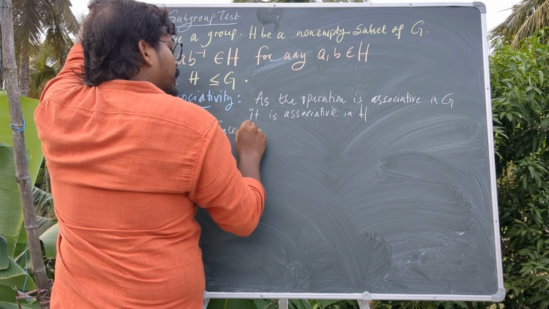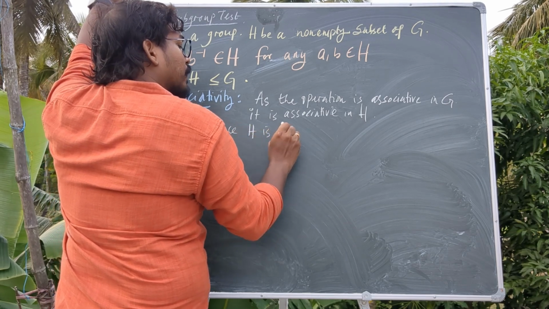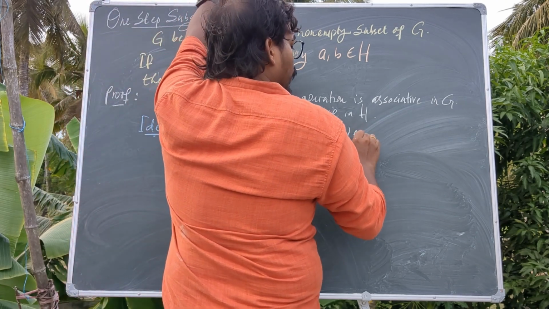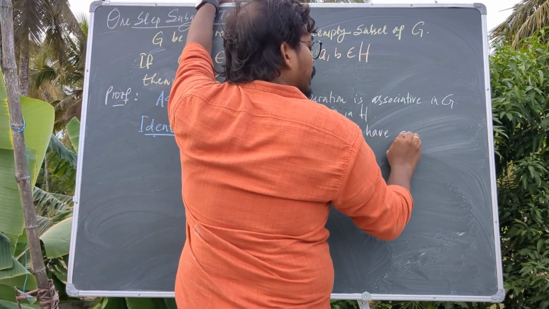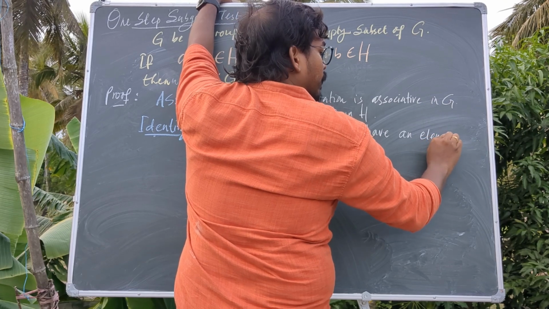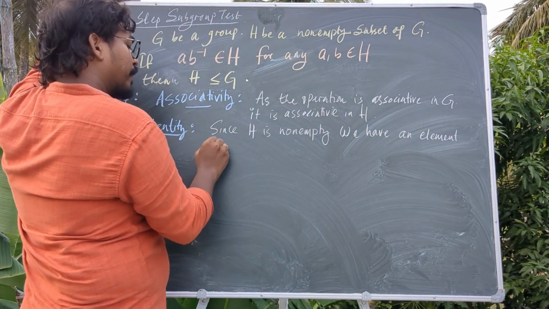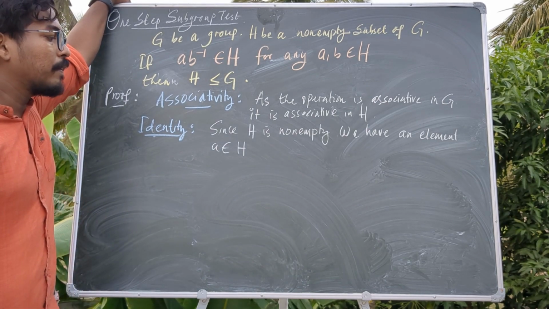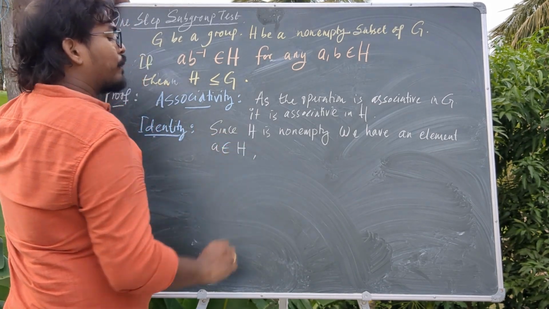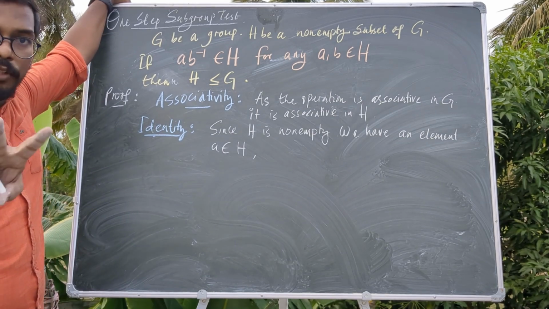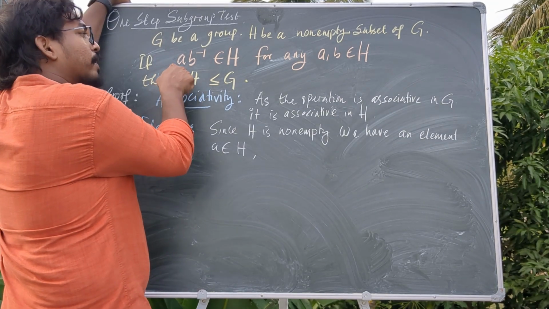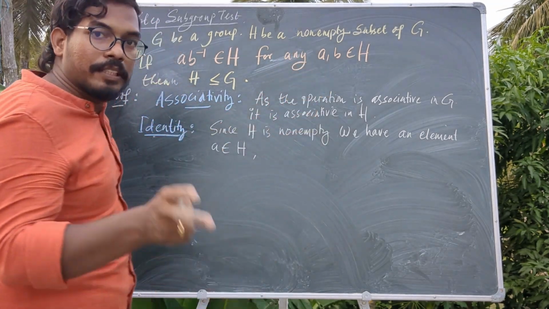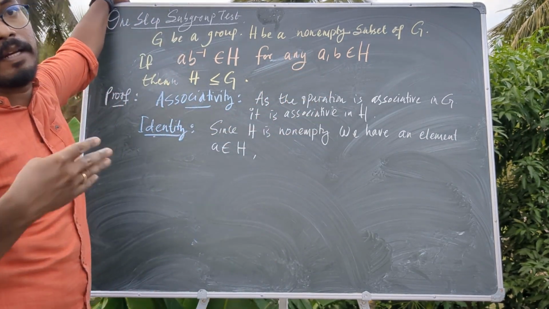Since H is non-empty, we have an element small a in the subset H. And the property of H says, for any two elements A and B, A B inverse belongs to the subset H. And this A, B can be the same, both elements can be the same or they can be different.